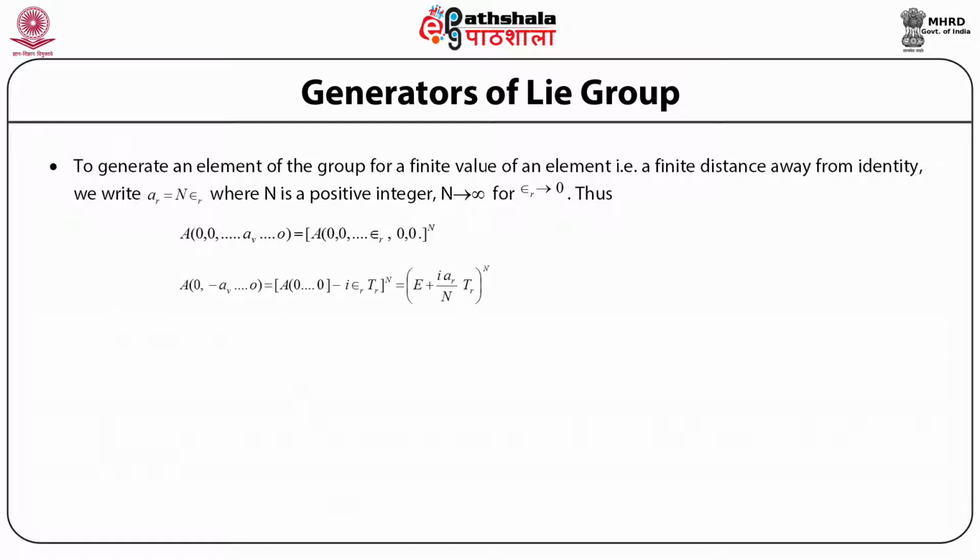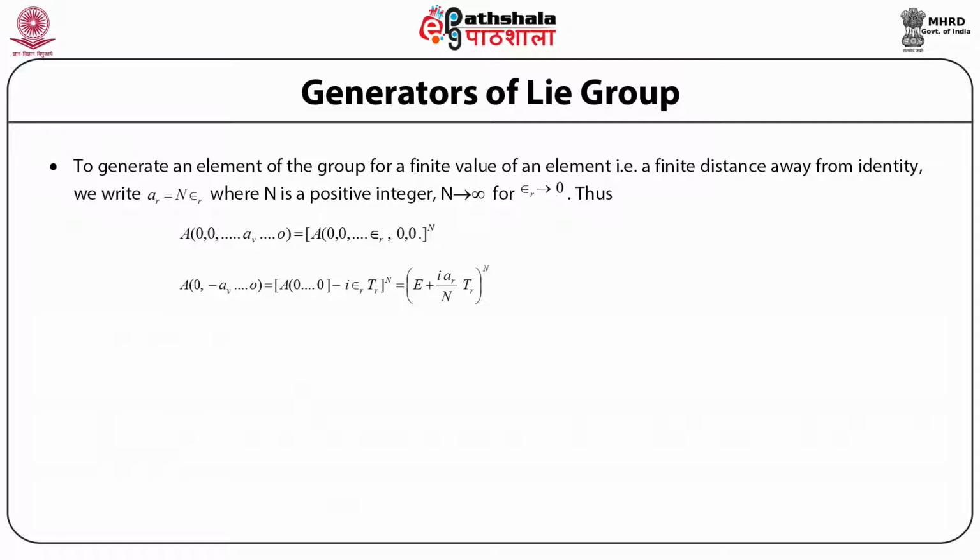So A0 can be written as A00 minus I epsilon, the generator TR, raised to the power n, which is the identity, plus I AR by n multiplied with the generator raised to the power n, and the limit n goes to infinity.